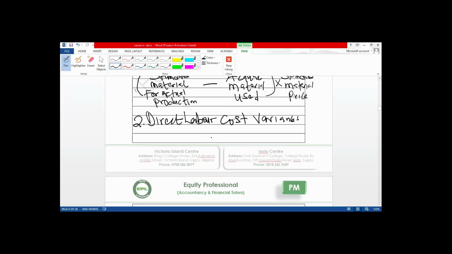We can divide this into 2. Under here we have direct labor rate variance.